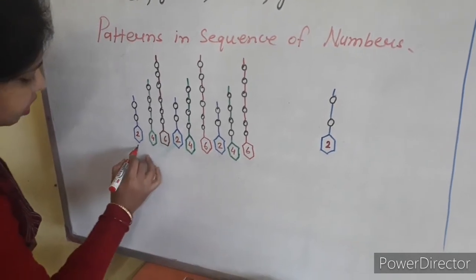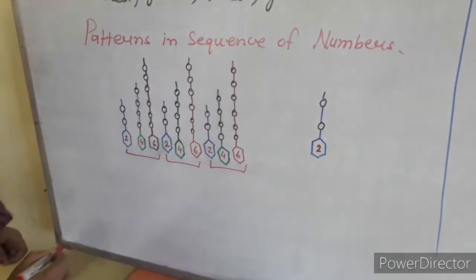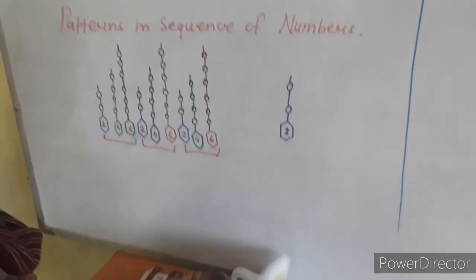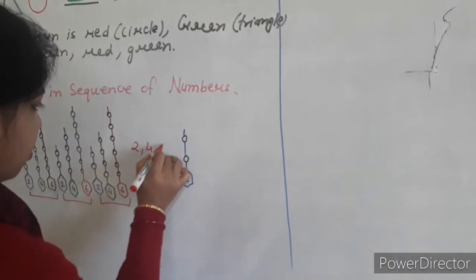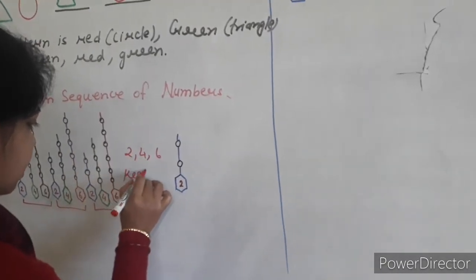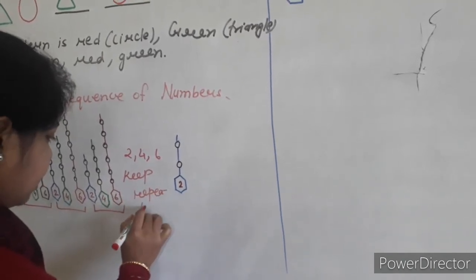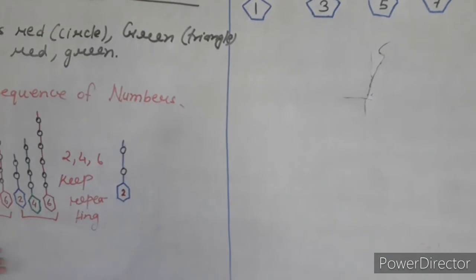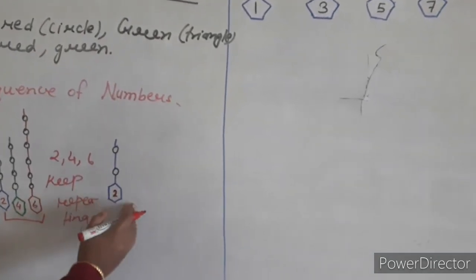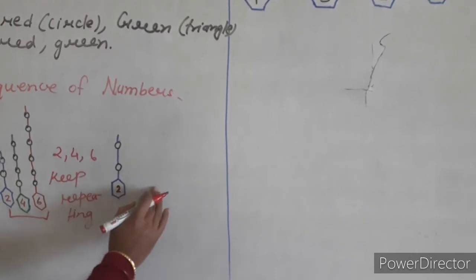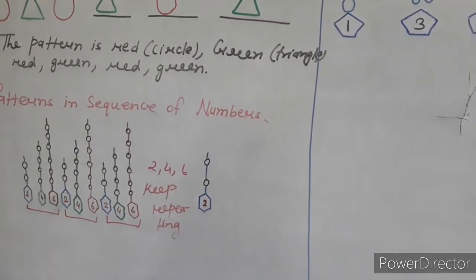That means this is the sequence 2, 4, 6. Again this will start from 2, then 4, then 6. Like this way the numbers will be repeated.